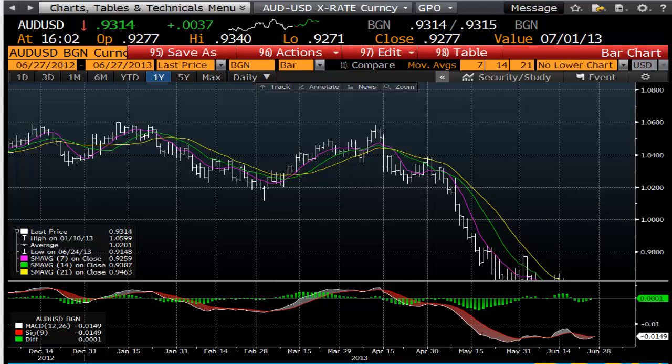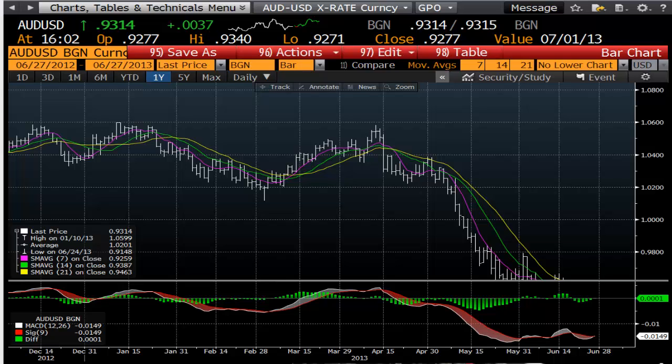So basically we're saying take the two averages and then take the average of the average. What we do then is take that MACD and minus that to give us a difference. And then what we're looking for is changes in that difference.